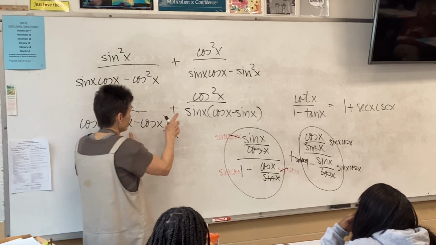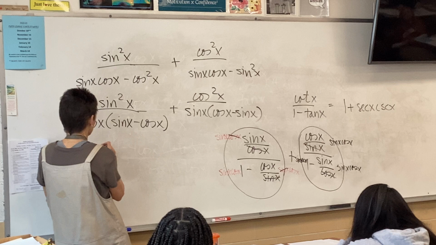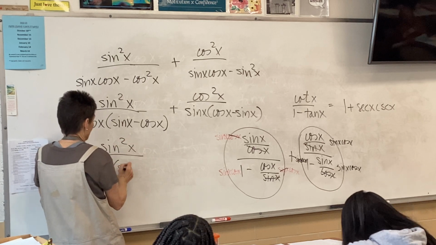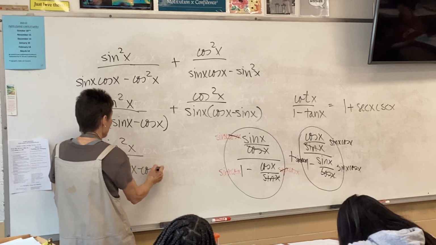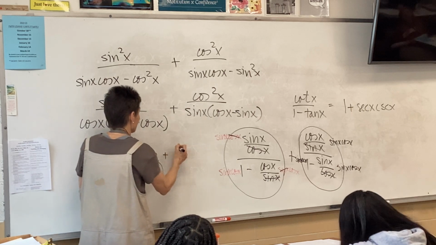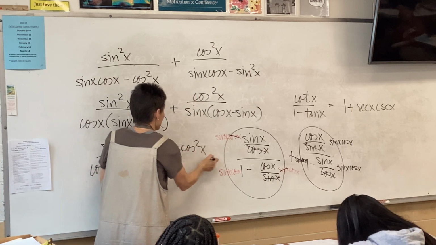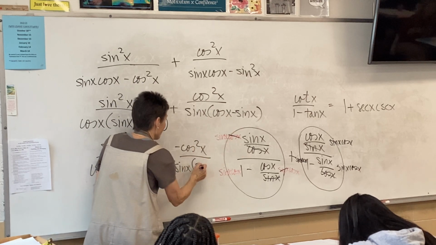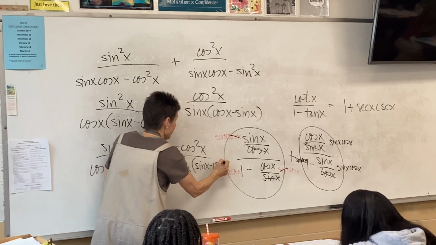So if I multiply this one by a -1 over -1, so top and bottom by -1, it's actually going to turn this around and make it sine minus cosine.